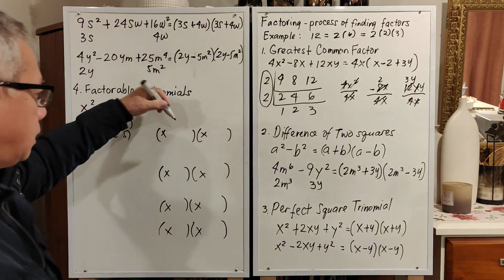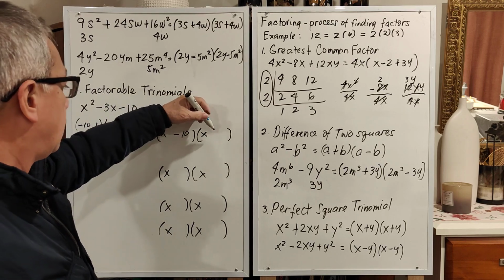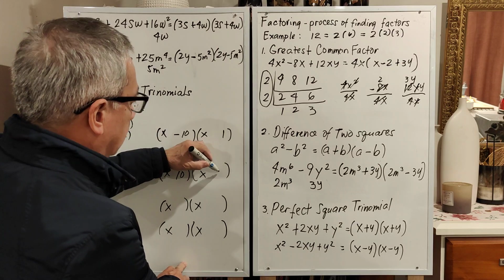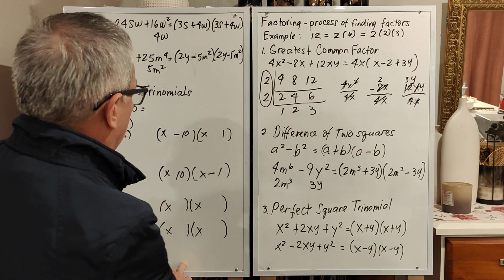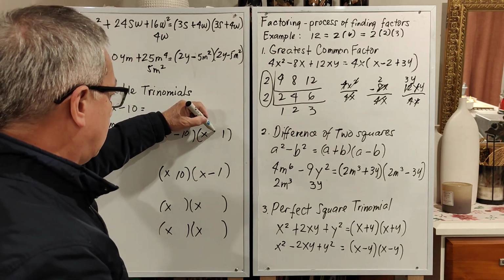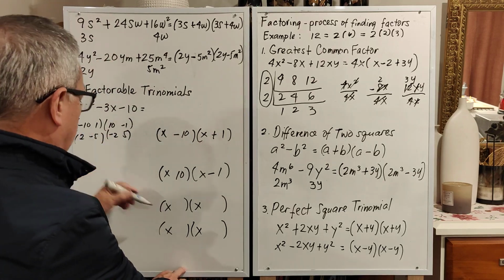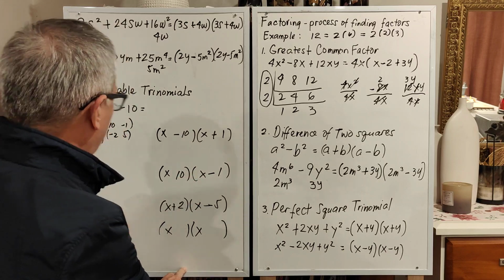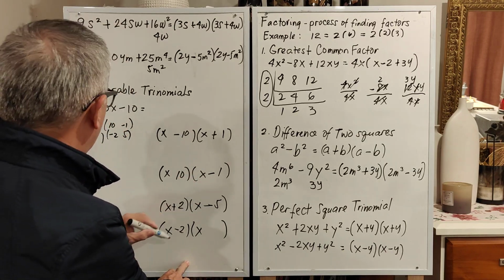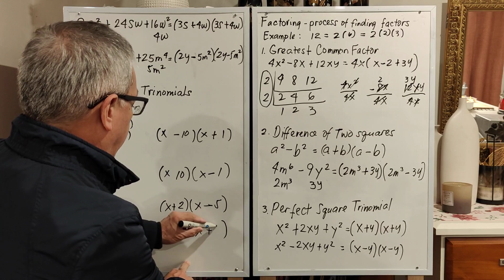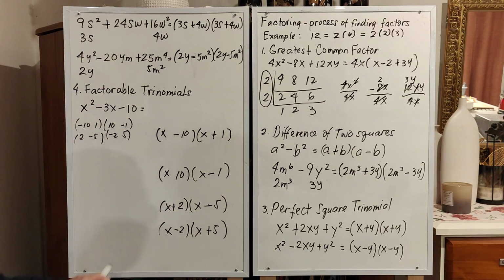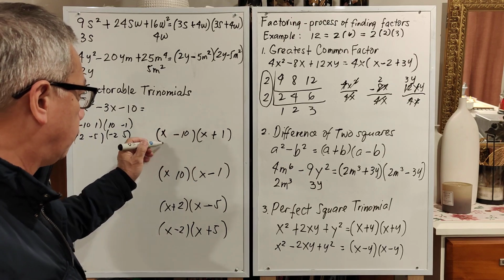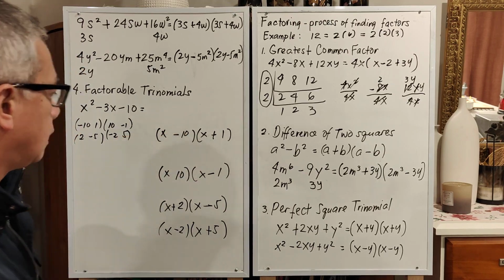So let us put negative 10 and 1, 10 and negative 1, 2 and negative 5, or negative 2 and positive 5. And then we multiply the second and third, and the fourth and first.